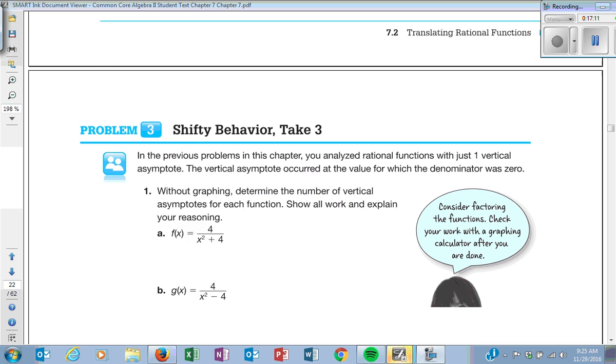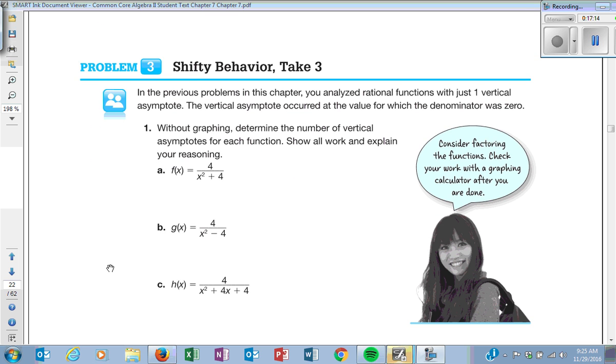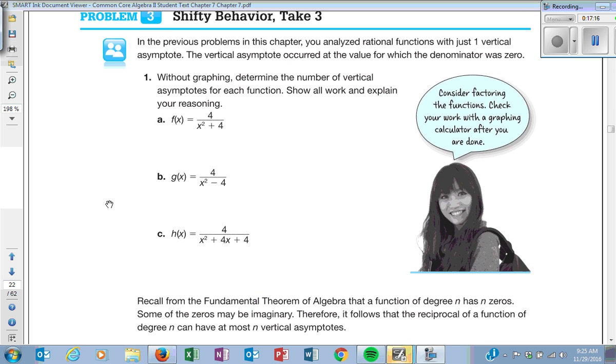Now here we go. Here are some of the things that we really need to get into this lesson. On the bottom, notice I've got x squared plus 4. If I want to find my vertical asymptotes, I need to make the denominator 0.